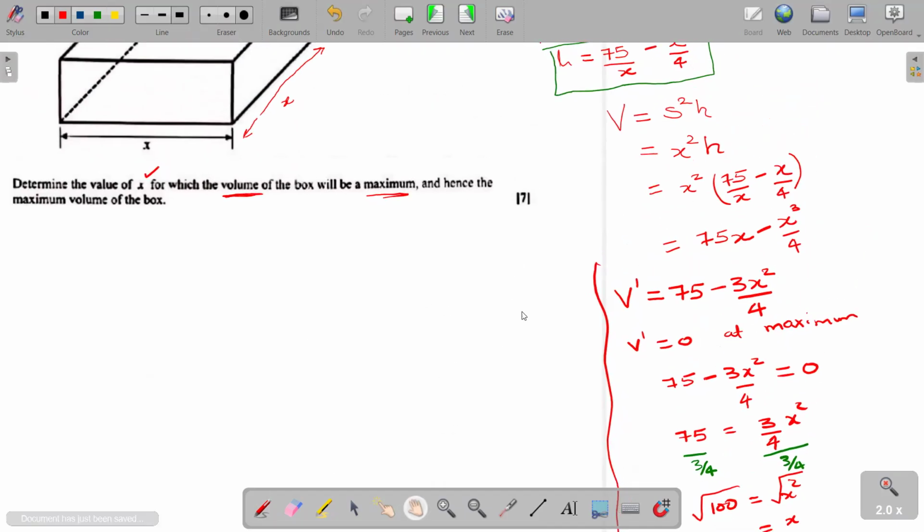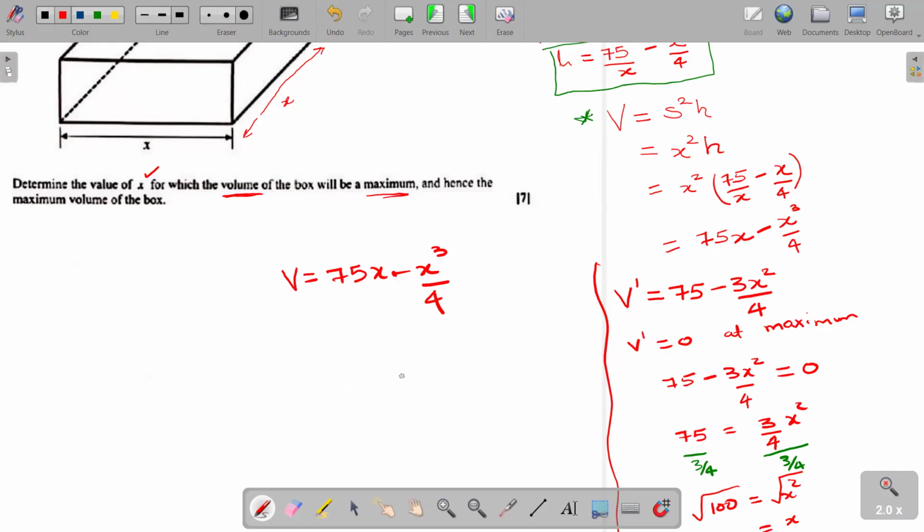So to get the maximum volume of the box, we are now going to pick our formula, because we derived a formula for the volume. So we are now taking that formula, which was simplified. We said our volume is given by 75x minus x cubed over 4.